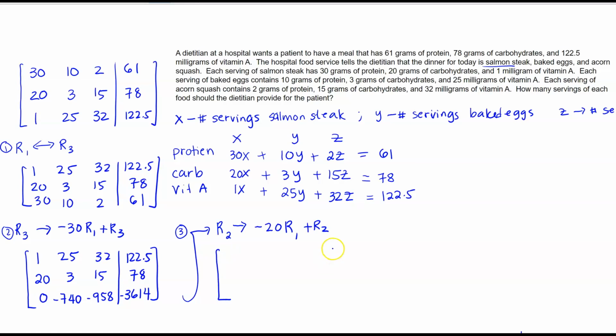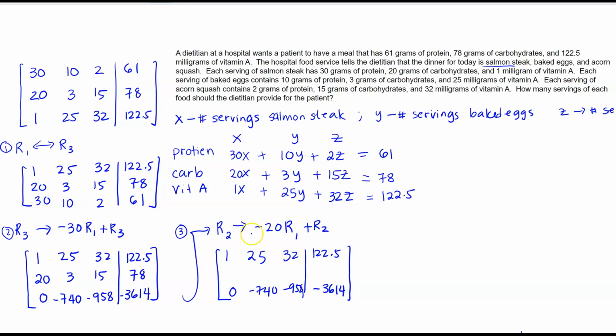Then you would have, you copy the first row, 25, 32, 122.5, and also the third row. Let's copy 0, negative 740, negative 958, and negative 3614.